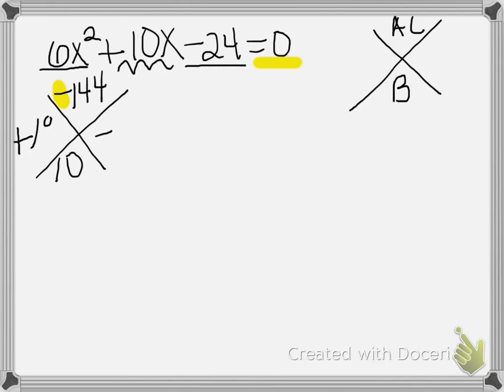I kept playing around with the calculator and also using some rules, and a positive 18 times a negative 8 came out as a negative 144. And I also saw that a positive 18 plus a negative 8 got me a 10. So they multiplied to negative 144 and added to 10.